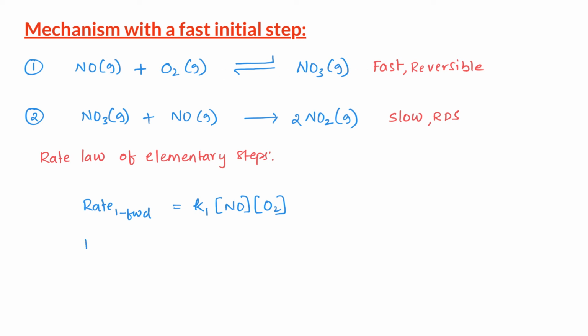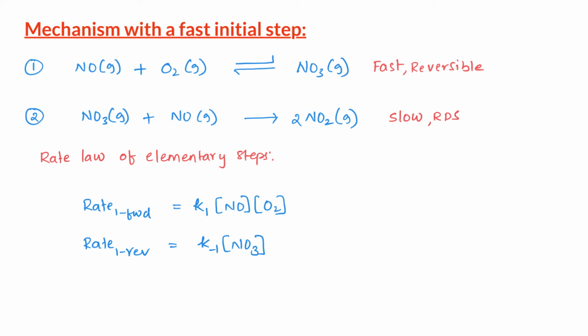The rate law for the reverse reaction is rate 1 reverse is equal to K minus 1 times the concentration of NO3 power 1. As we can see, for the reverse reaction, the NO3 gas is the reactant.